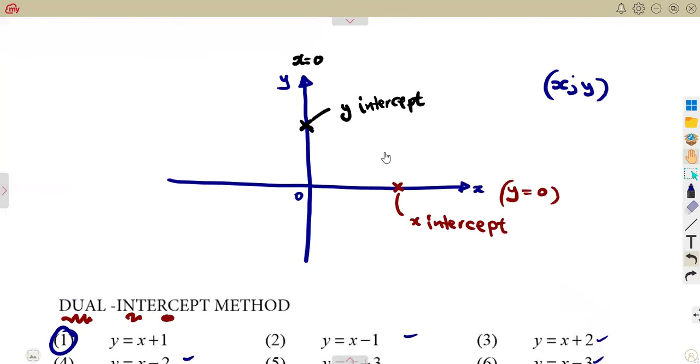Understand this concept, because it is not going to change. In the Y-axis, that's where we have the Y-intercept, where X is equal to 0. In the X-axis, that's where the X-intercept lies. It lies in the X-axis where Y is equal to what? A 0. So let's revise as many questions as we can so that we prepare ourselves for the exams ahead of time.